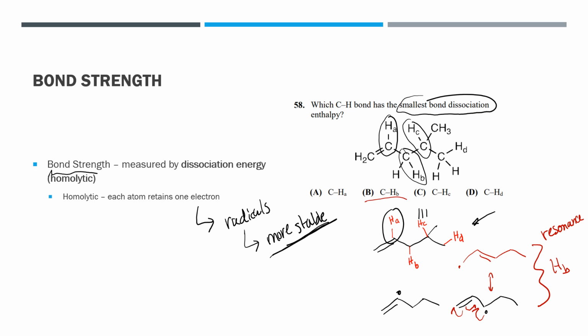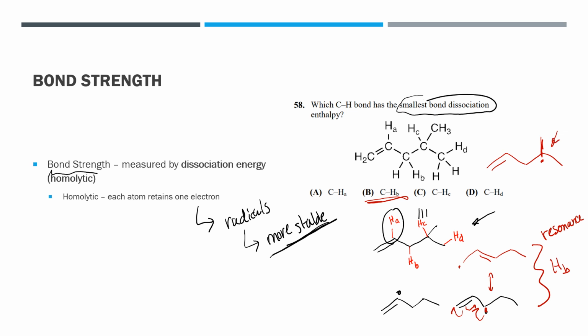So let's initially pick this, and let's look at the other two. The next one is if we dissociate HC. So we look at this, and HC will have a radical like that. And you might think, okay, with HB, when we dissociated it, we only had a secondary radical. But here we have a tertiary radical.